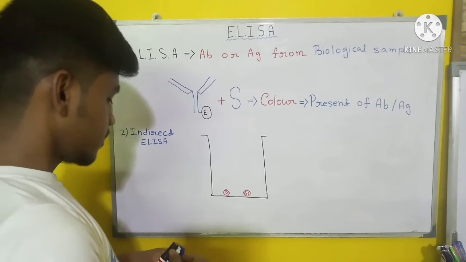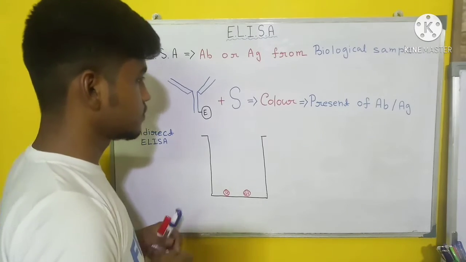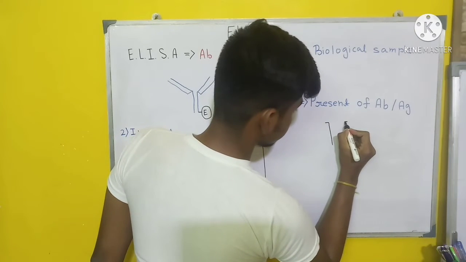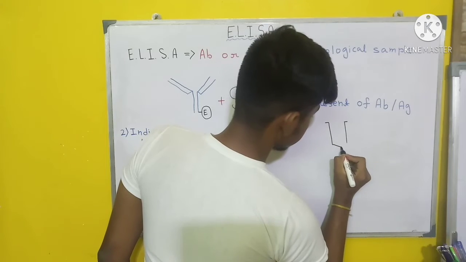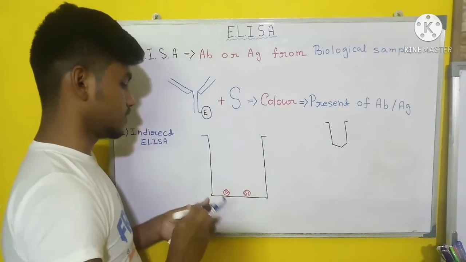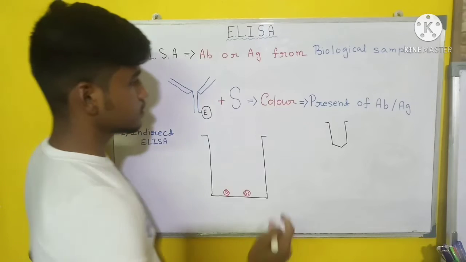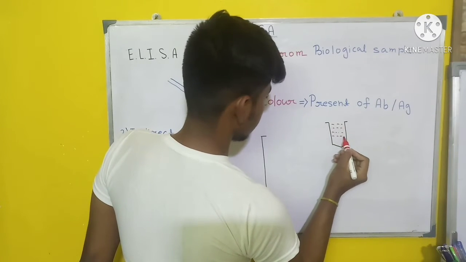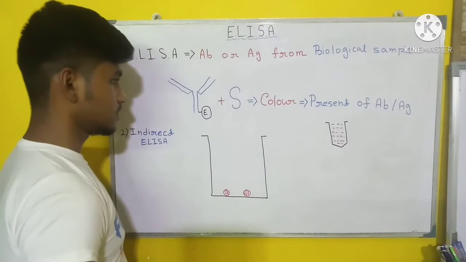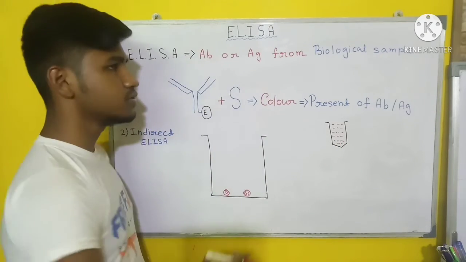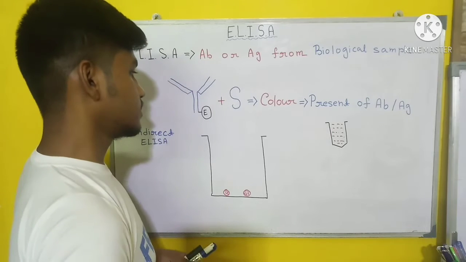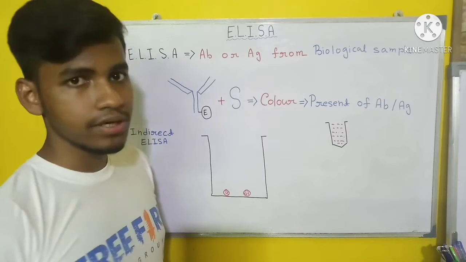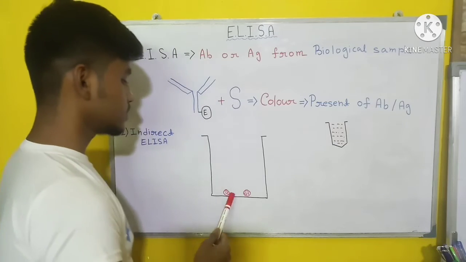And this is the patient serum sample. In this case we want to detect the antibody from the patient serum sample. That's why we have coated this well with antigen.